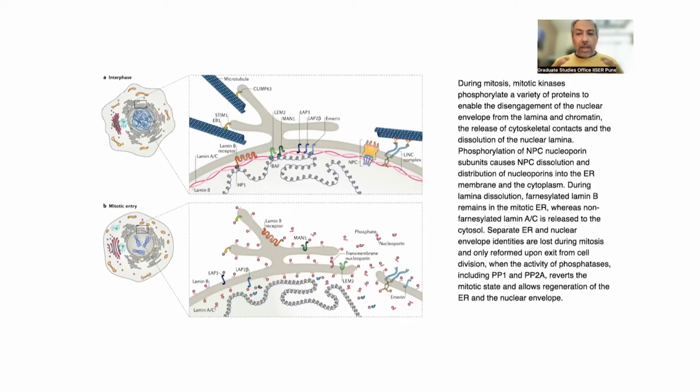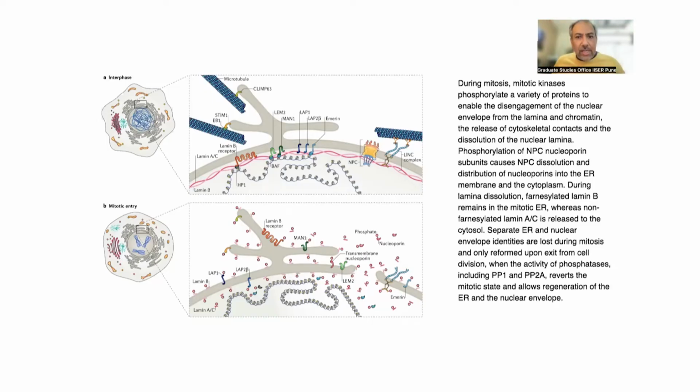Separate ER and nuclear envelope identities are lost during mitosis and only reformed upon exit from cell division, when the activity of phosphatases, including PP1 and PP2A, reverts the mitotic state and allows regeneration of the ER and the nuclear envelope. So there is phosphorylation of a bunch of proteins that begins a lot of this change and causes the breakup, and then eventually there are phosphatases that come and remove the phosphorylations that have been added, which now bring back this machinery to what it was at the beginning.